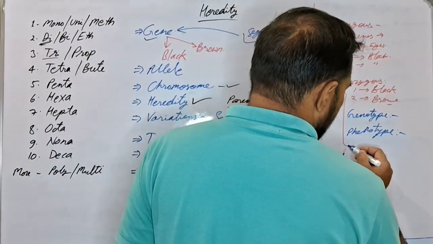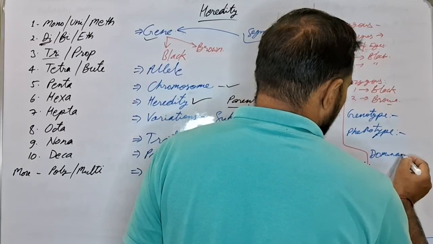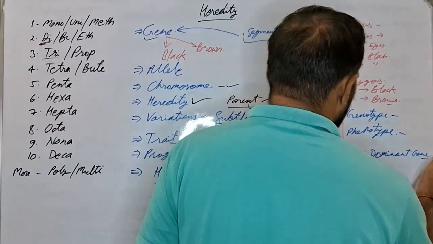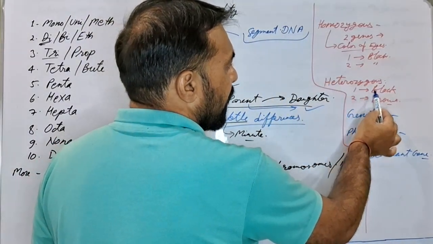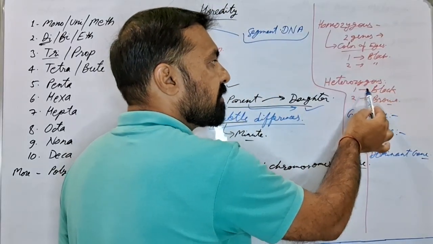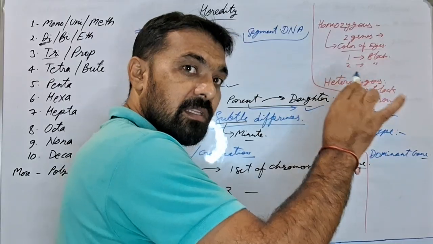Now, next term is dominant gene. What is dominant gene? We have already discussed that heterozygous condition is the condition in which one gene represents the character in one way and the other represents in another way.